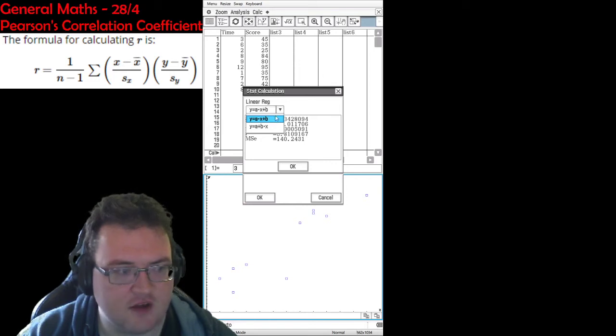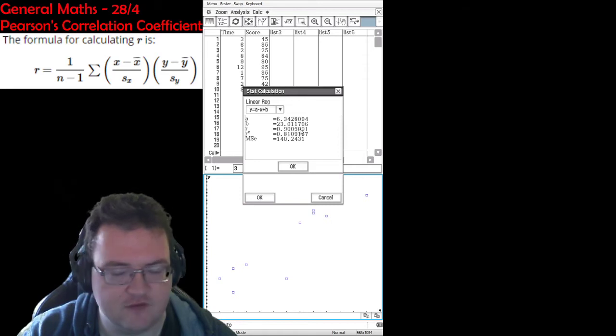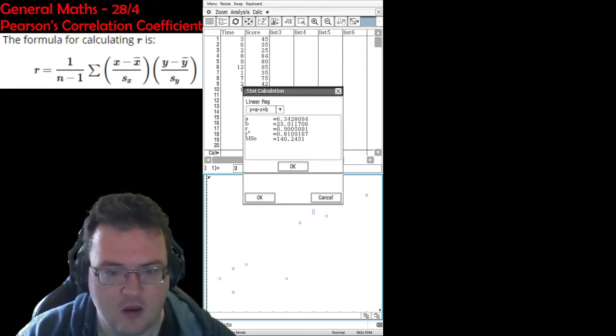Either one works, you just have to remember what value goes where. And what you'll see here is R equals 0.905091.